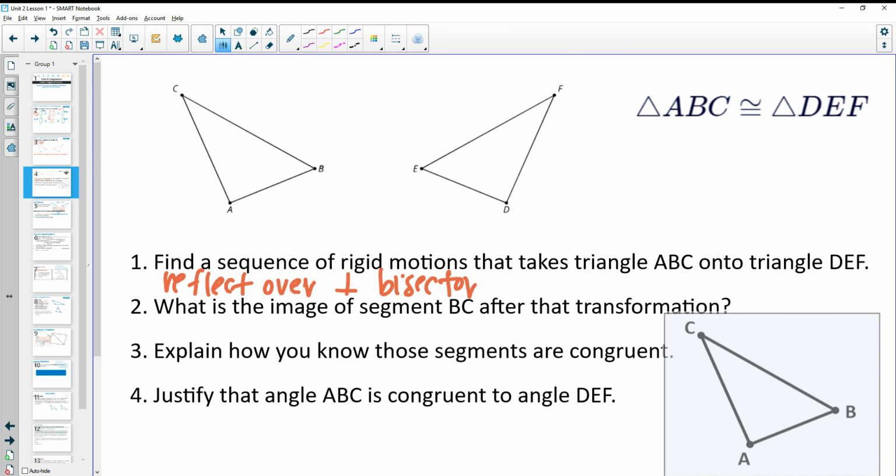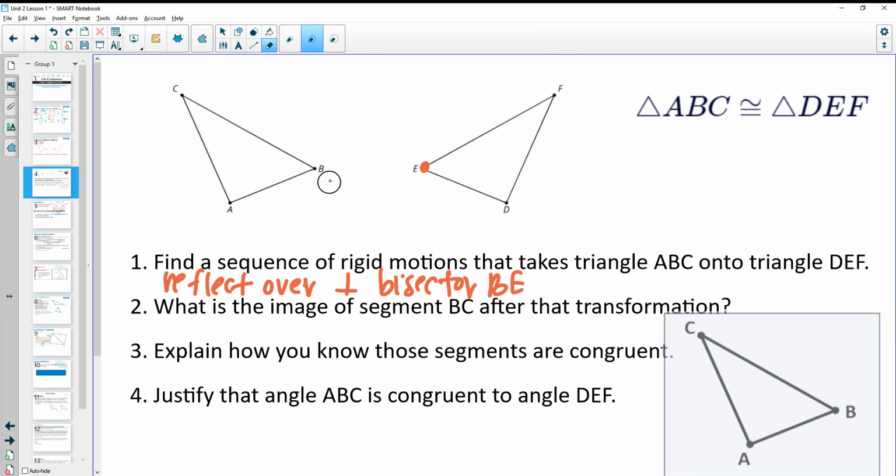And then you want to pick a segment of points that are images of each other. So B to E. So the perpendicular bisector of BE. You could also have used AD, or you could use CF. But if we reflect over that perpendicular bisector or fold over here, this shape is going to land on that one. So that's definitely one way you could have done it.